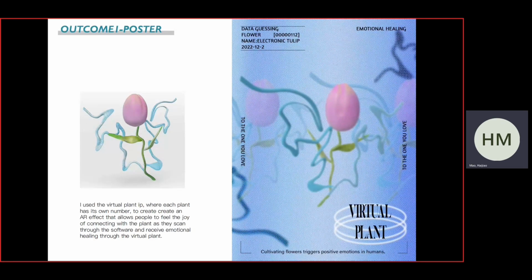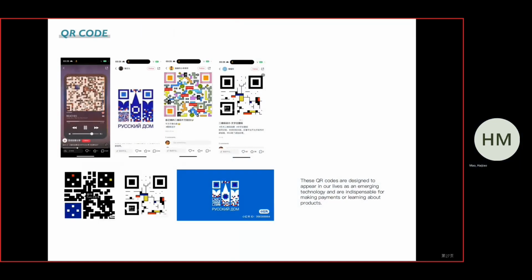I use the visual plant IP where each plant has its own number to create an AR effect that allows people to feel the joy of connecting with the plant as they scan through the software and receive emotional healing through the visual plant. Then I used QR code design.